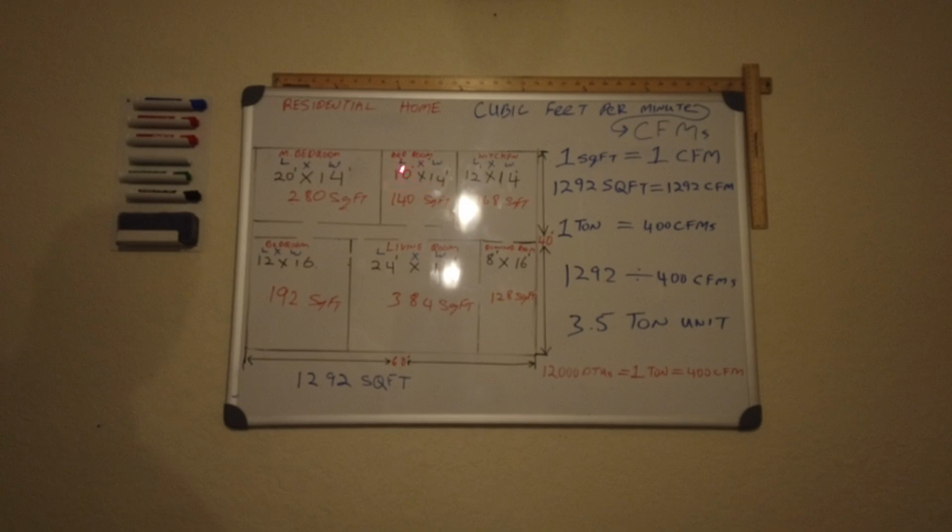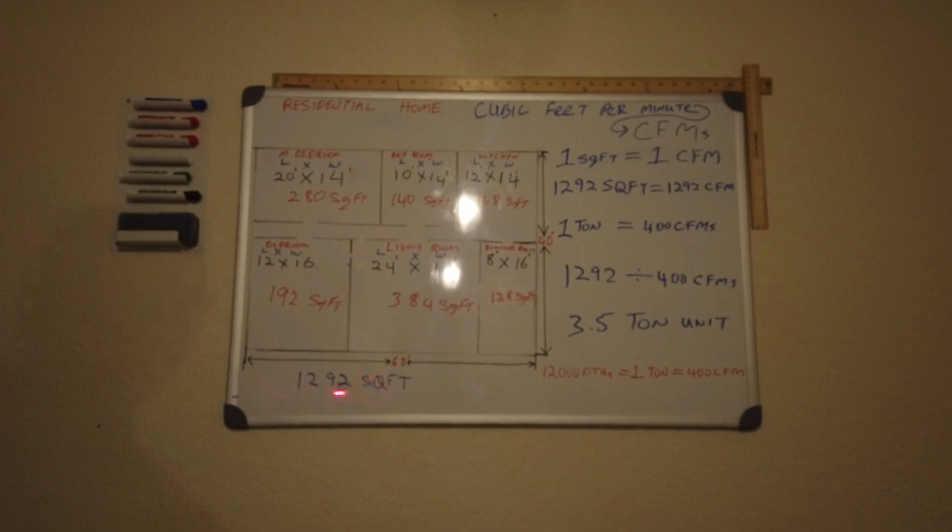The bedroom right next to it is a 10 by 14, 140 square feet. In the kitchen, it's 12 by 14, 168 square feet. Bedroom down here, 12 by 16, 192 square feet. Living room, 24 by 16, 348 square feet. And the dining room, 8 by 16, you get 128 square feet.